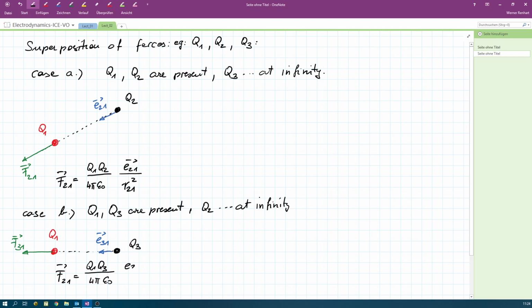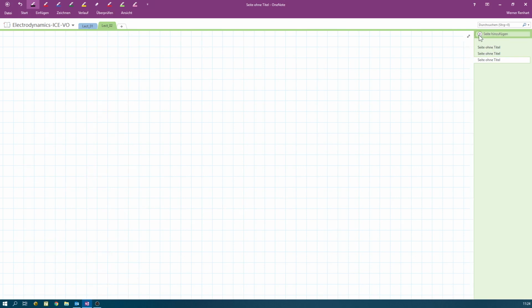So we can write for this case F31 equals Q1 Q3 over 4 pi epsilon 0 times E31 over the magnitude of R31 squared. And superposition means, in case C, Q1, Q2 and Q3 are present.